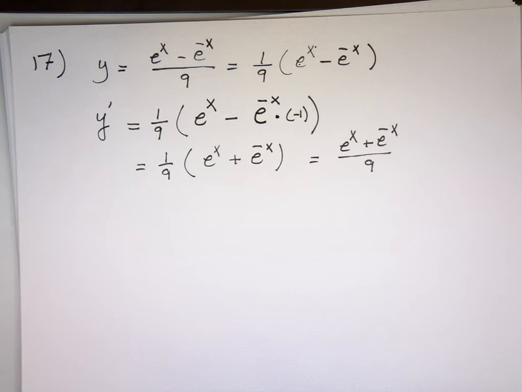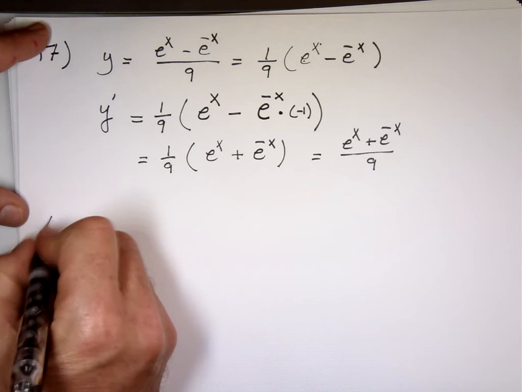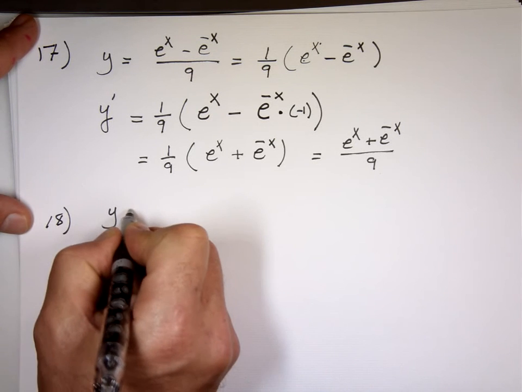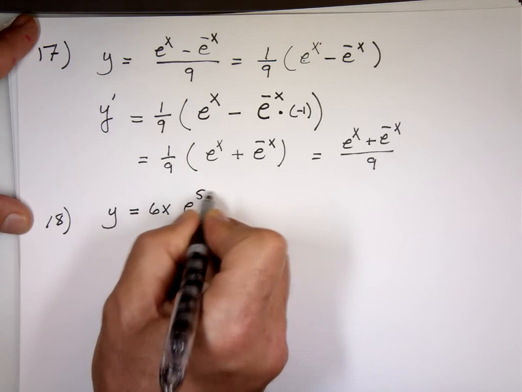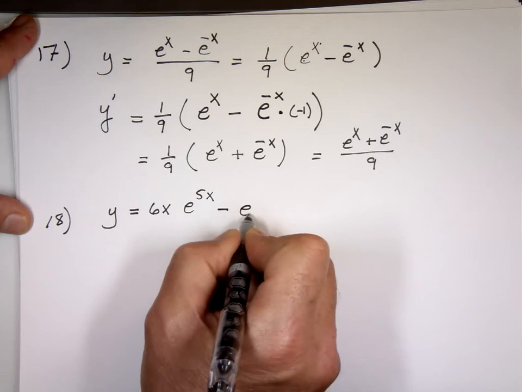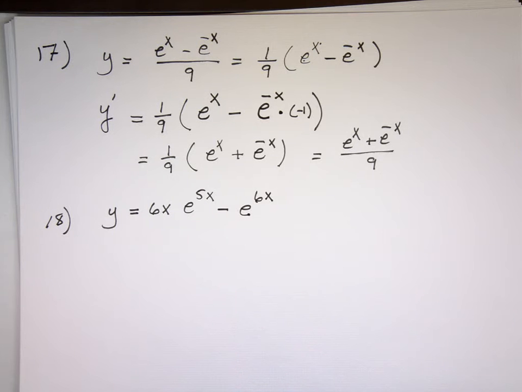Two more. I probably could fit the 18 here. 6x e to the 5x minus e to the 6x. You know what? If I saw that, me personally, I would factor out e to the 6x.